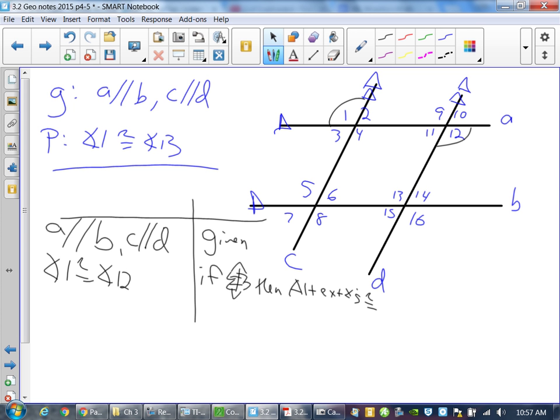You can write that with 2 parallel lines, arrows, arrows, and arrows. That's all that symbol is. Angle 1 is congruent to angle 12 because if 2 parallel lines are cut by a transversal, I don't want to write all that out, that takes forever, then alternate exterior angles are congruent.